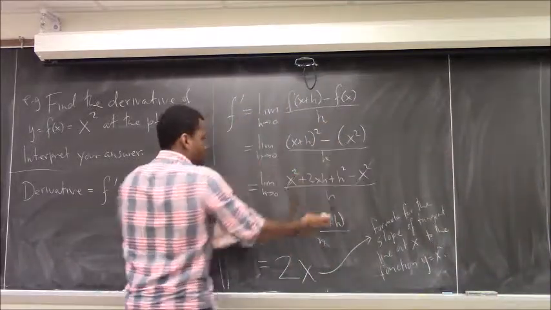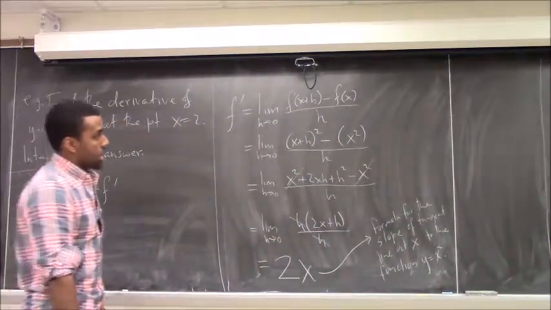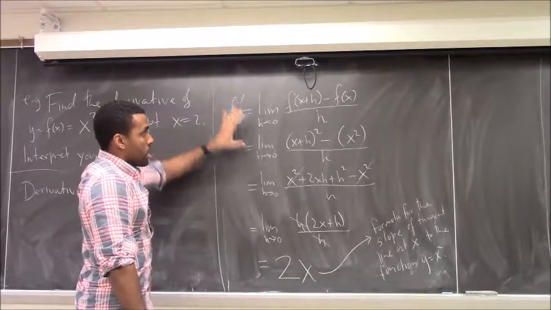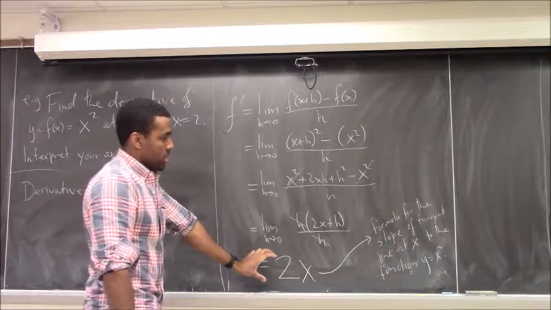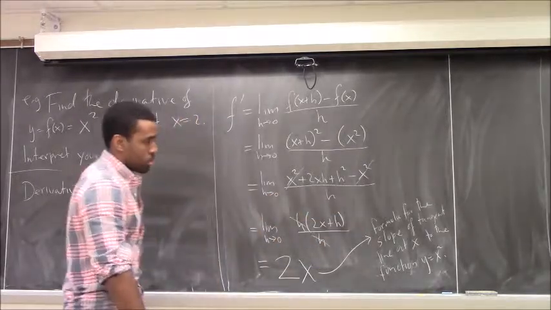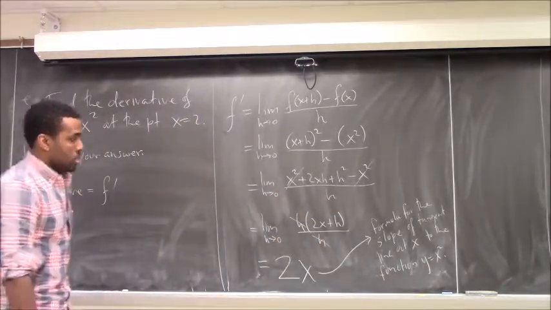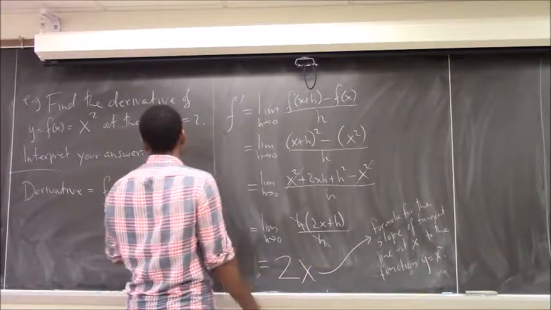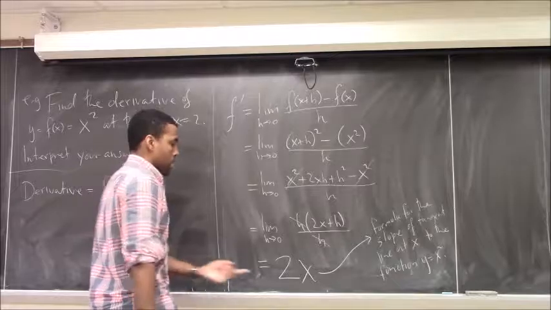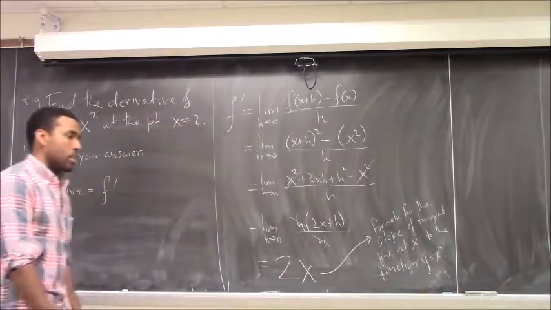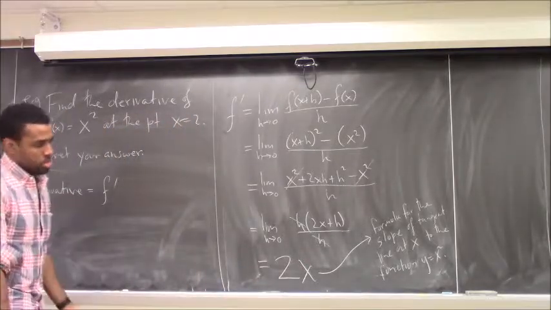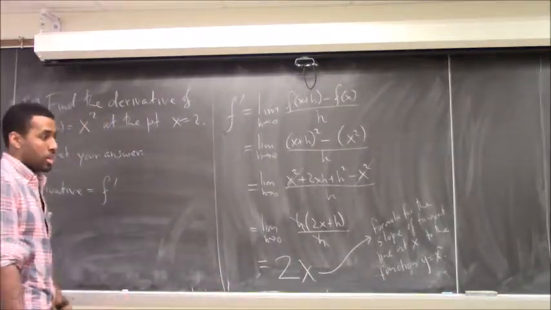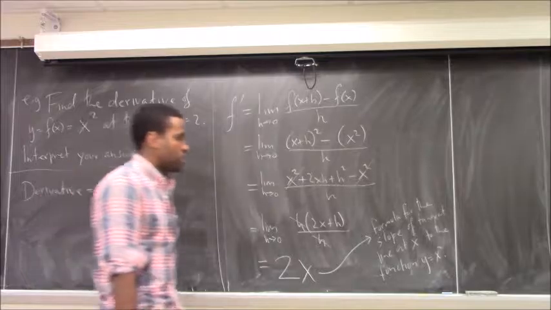So I went through this whole process, I took that limit, and my function f prime is the function 2x. This is giving us a formula for the slope of a tangent line at any point. So if I want to find the slope of the tangent line at any point of this function, I simply have to take 2 times that x value, and that will give me the slope of the tangent line. So the slope of the tangent line when x equals 1 is going to be 2. When x equals 7 it is going to be 14, and so on and so forth.